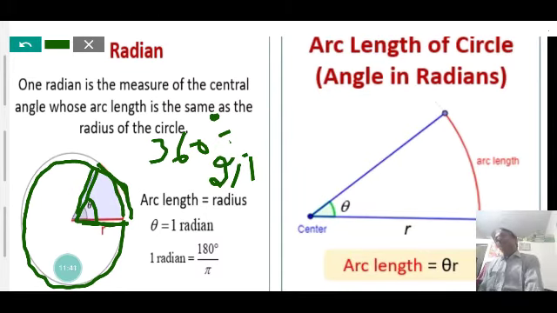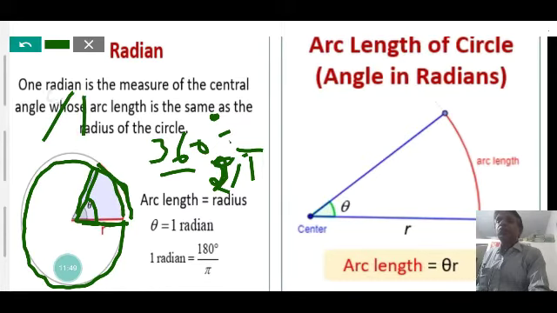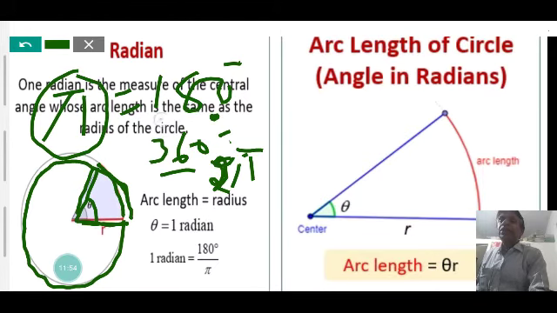The degree measure is 360 degrees, and the radian measure is 2π. That means π is equal to 180 degrees. That is the relationship between radian and degree measure.